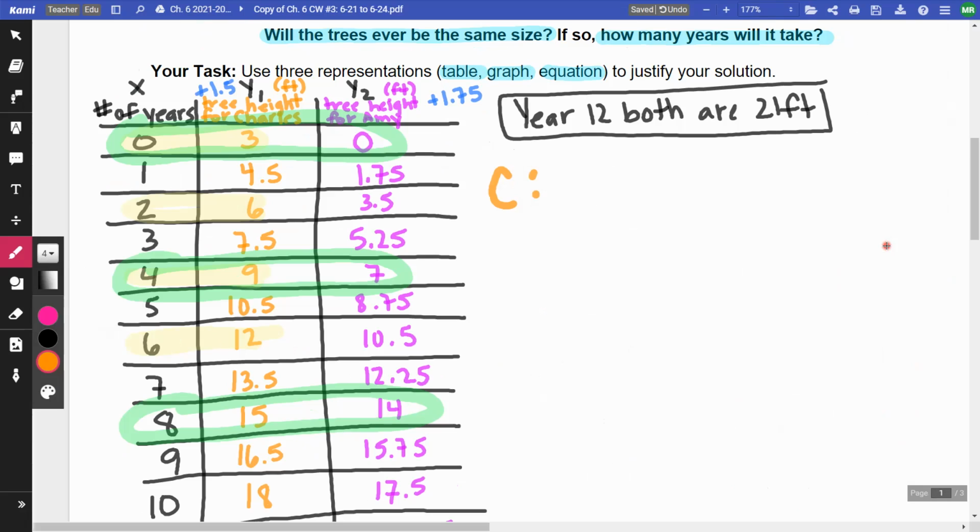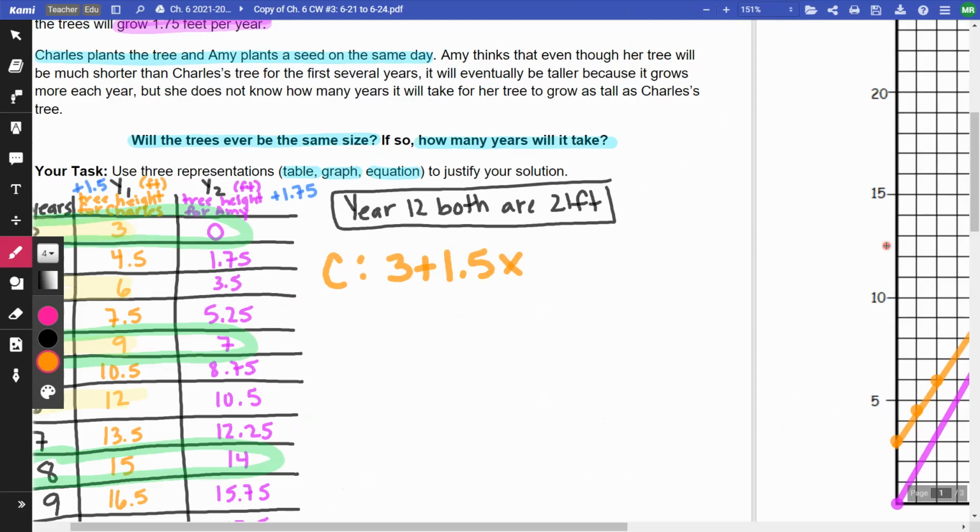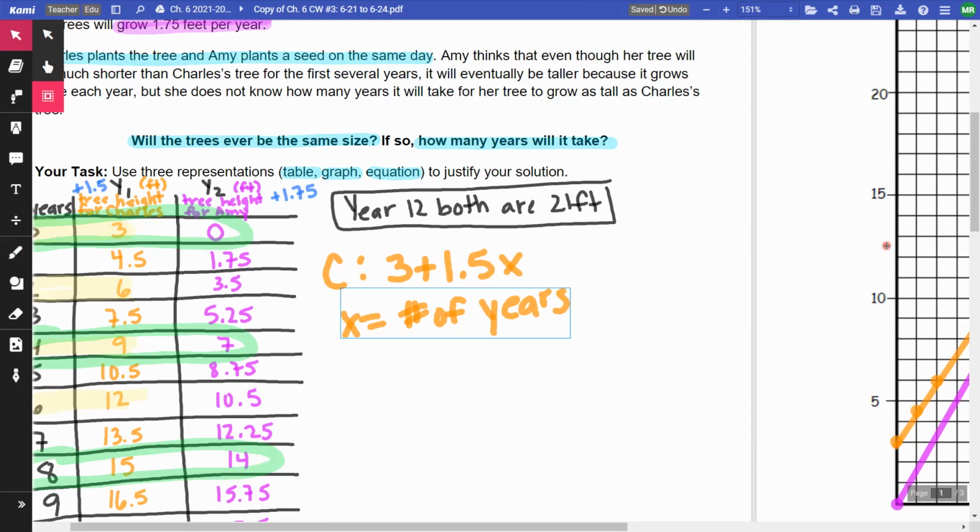So for Charles, what we know is his tree started 3 feet tall and it grew 1.5 each year. And what I'm going to do is I'm going to have x the number of years in both his equation and in Amy's.